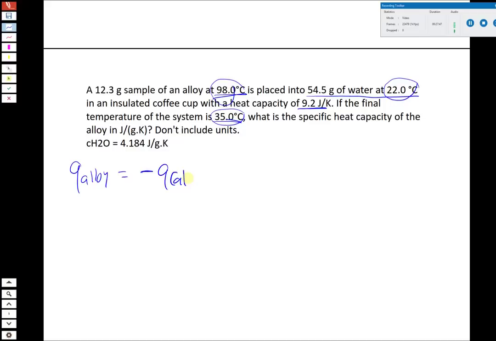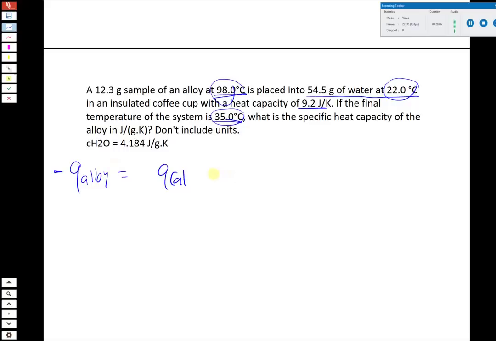Actually, we can write this either way. I think this makes a little more sense mathematically. Put the negative sign here, it just makes us deal with fewer negative numbers. But the point is, we can put a negative sign on either side; they're equal and opposite to each other. The heat for the alloy is equal and opposite to the heat for the calorimeter. So one side of this equation has to have a negative sign.